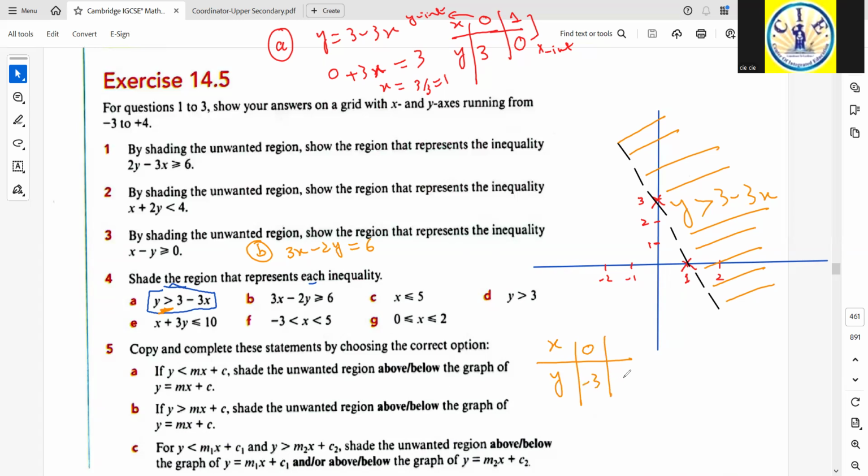And if I replace y with 0, the value of x is going to be 6 by 3, that is 2. Now jotting these values on the graph, it would be x 0, y negative 3. So y negative 3 is where? It would be negative 1, negative 2, negative 3 here.